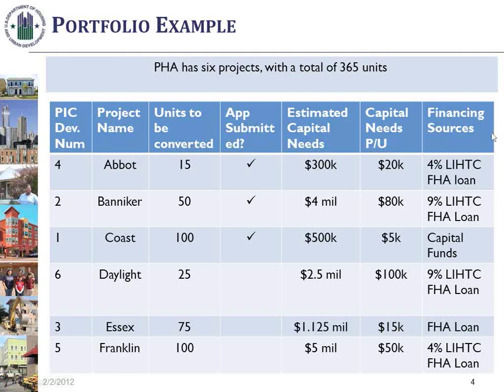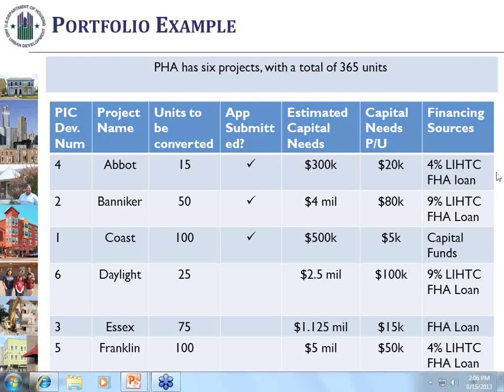But then what the PHA is doing is giving itself a little bit more time to submit applications for 6, 3, and 5. And in this particular example, the number of units in the second half of the portfolio actually exceeds the number of units in the first portfolio. It's okay. As long as you're giving us applications for 3 of your 6, then we'll reserve your CHAP authority for the remaining units. Okay?